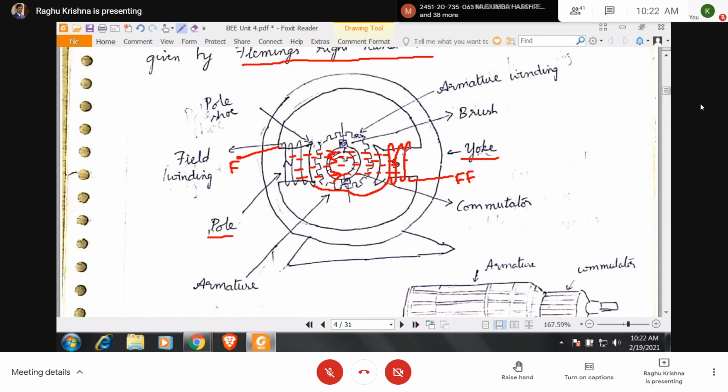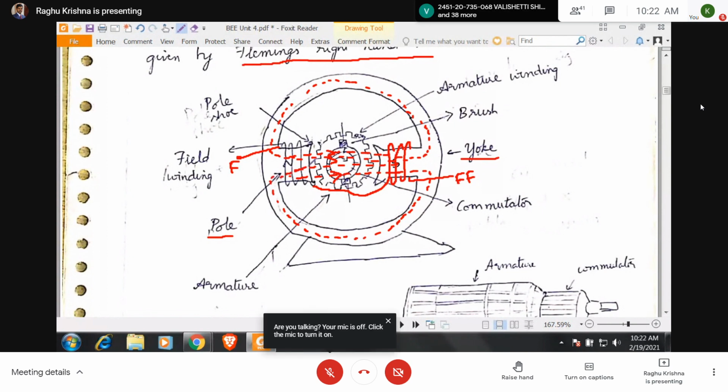After this, the magnetic flux takes this path, and a few lines will take this path. Can you see the arrow marks? This is the direction of the magnetic flux.